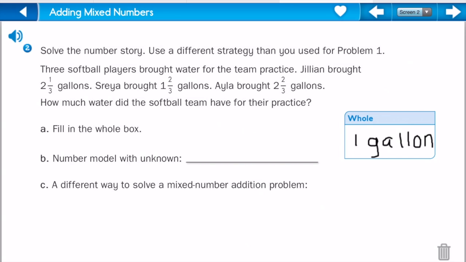So our number model is going to be Jillian brought 2 1/3, Sarah brought 1 2/3, and Aliyah brought 2 2/3.